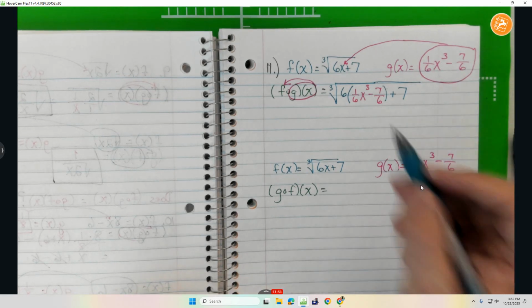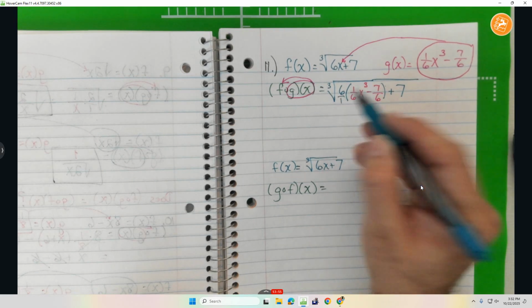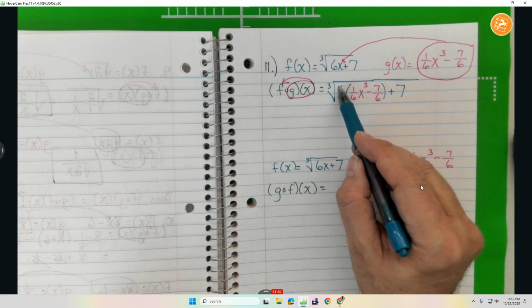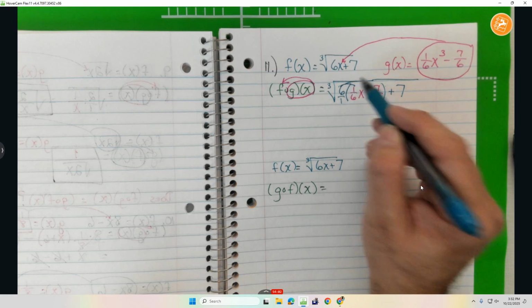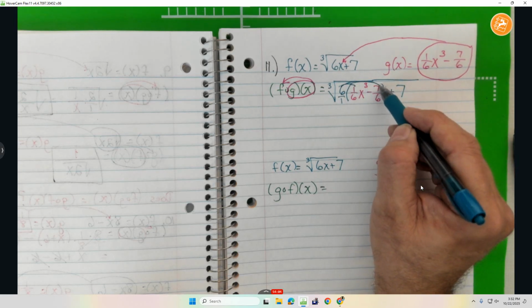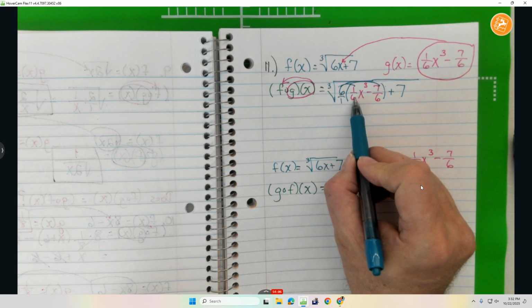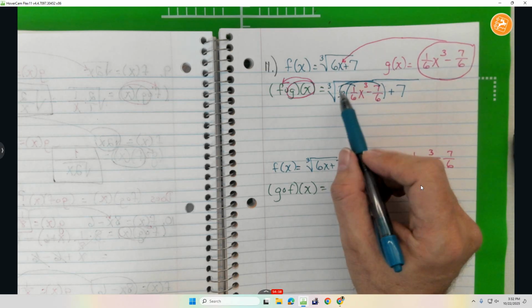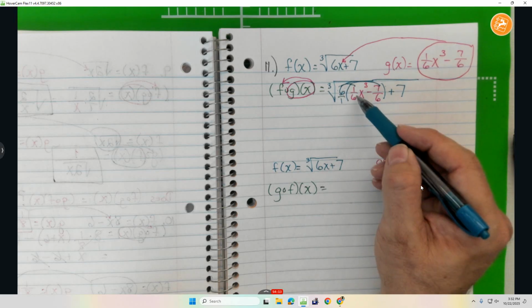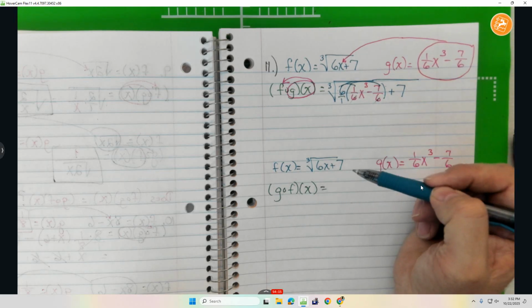If I think of this as 6/1, I'm going to start by distributing that 6. And don't panic, because it's going to work out really nicely. What's going to cancel when I distribute this 6? The 6 will cancel with that 6 and that 6.